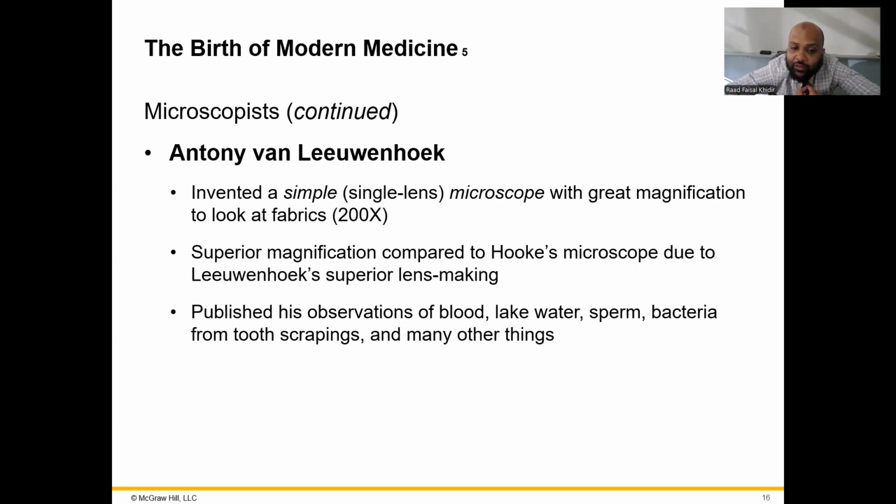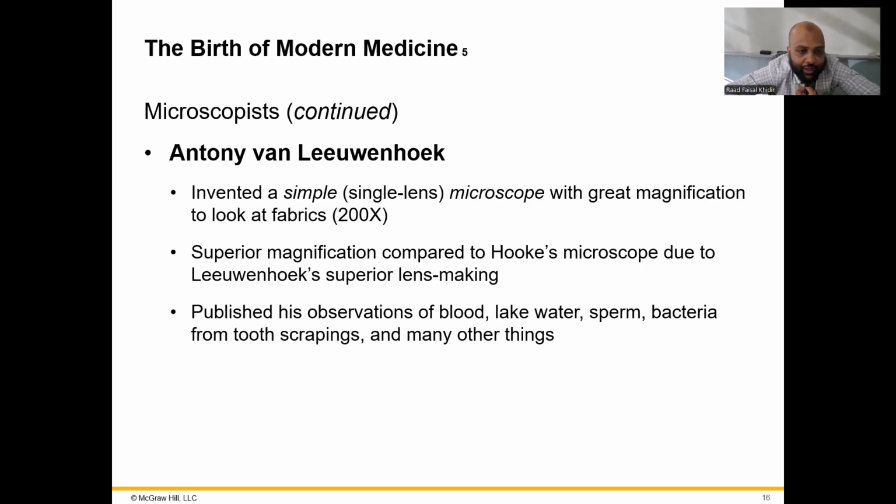It was superior magnification compared to Hooke's microscope due to Leeuwenhoek's superior lens making. He published his observations of the blood, lake water, sperm, the bacteria from tooth scrapings and many other things.